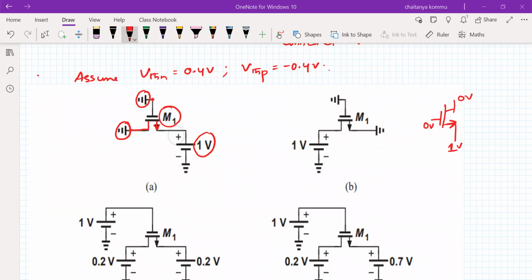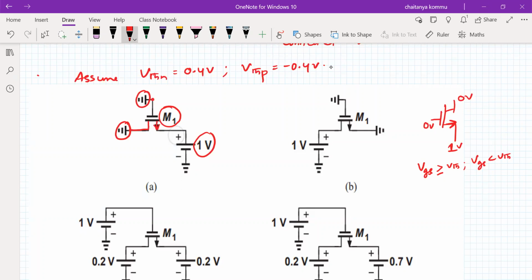It's off. As simple as that. First of all, we have to consider whether the VGS value is greater than the threshold voltage or not. We need to identify greater than or equal, or less than VTH. This is the first step that we have to do. So we have a gate to source potential.